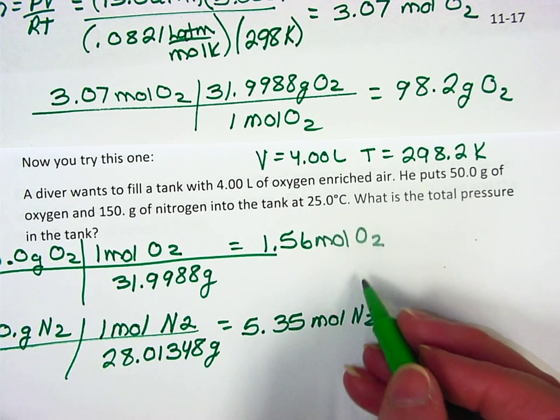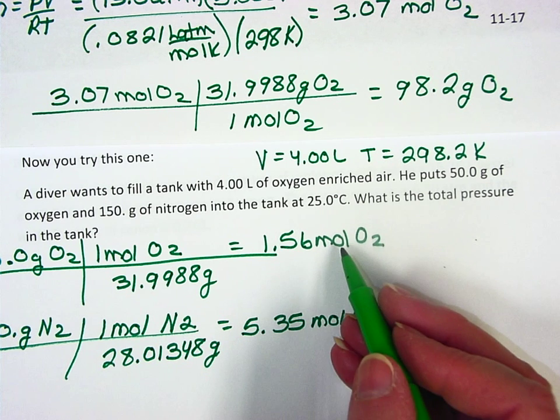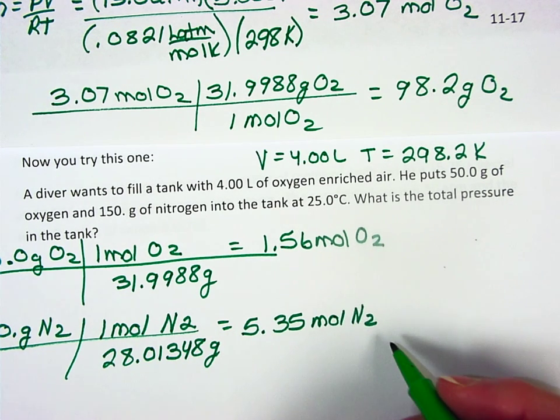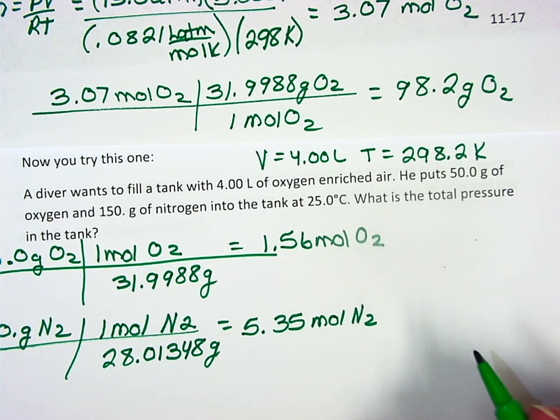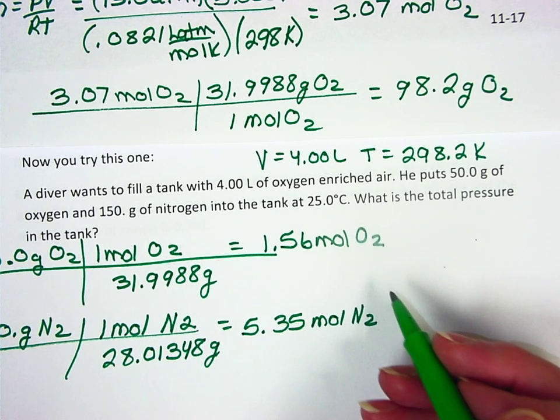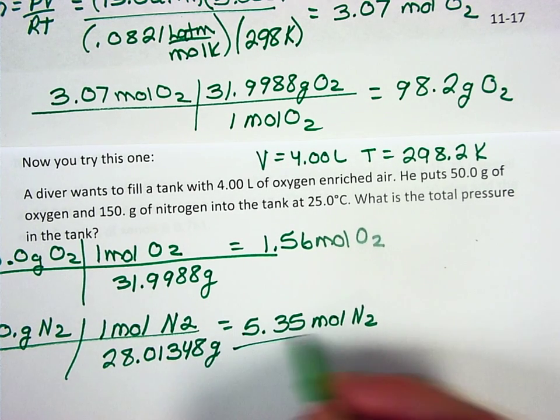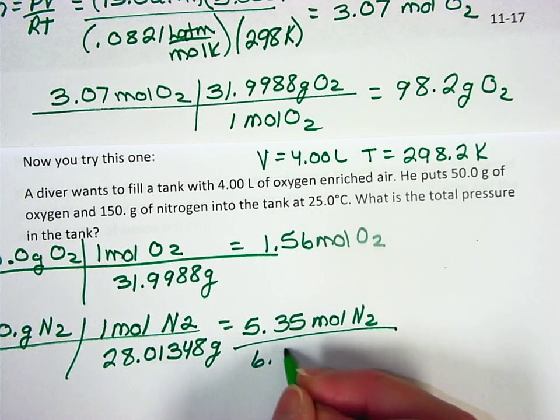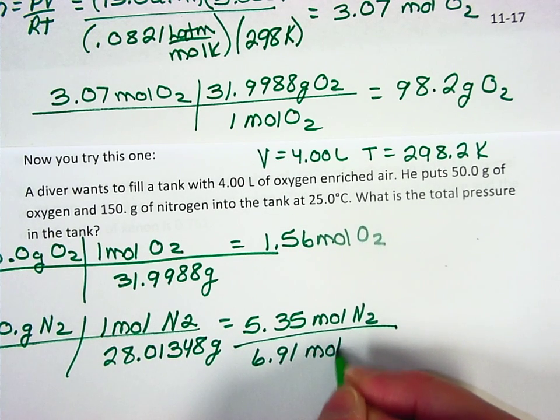Now, we could use the ideal gas law, solve for the pressure of each of these, and then add those pressures together. Or what I did was just added my moles together. When I add this together, I get 6.91 moles total.